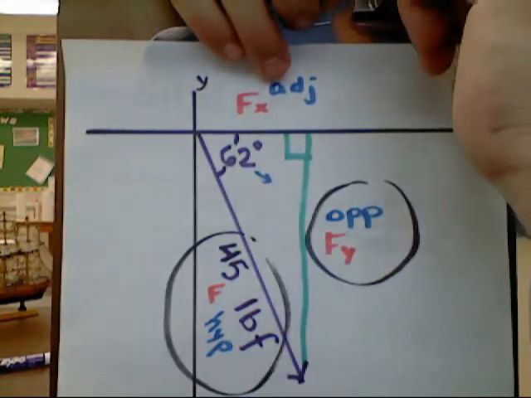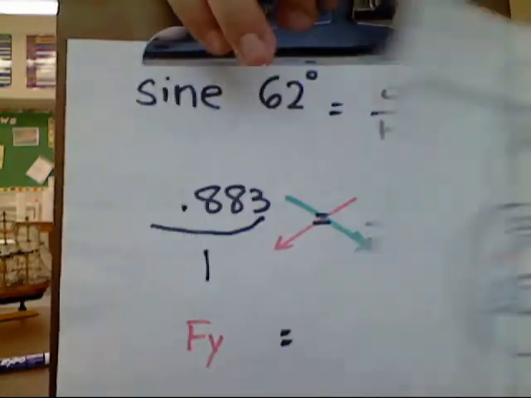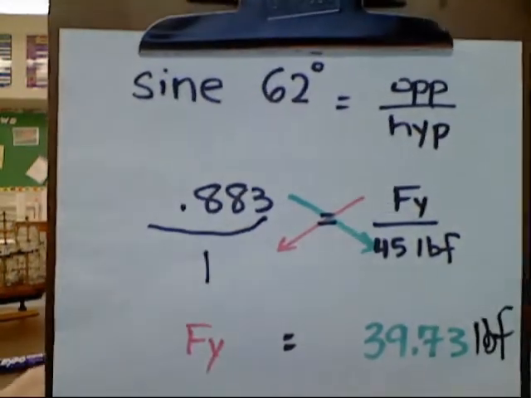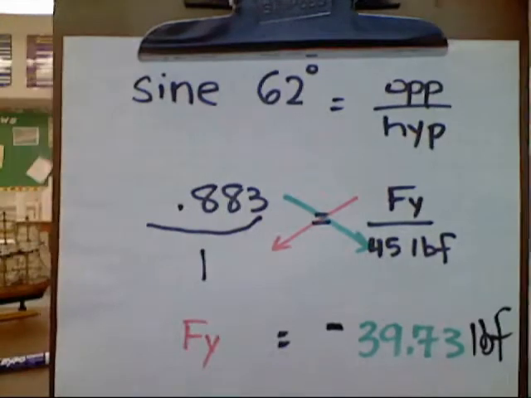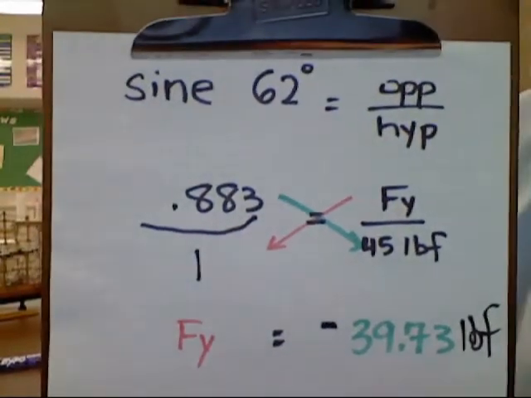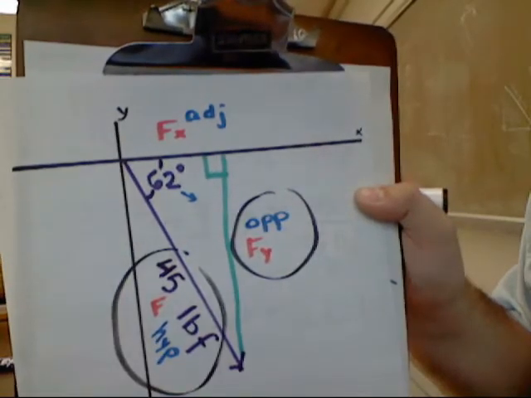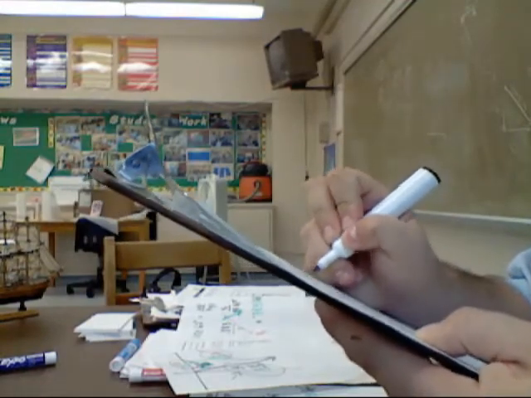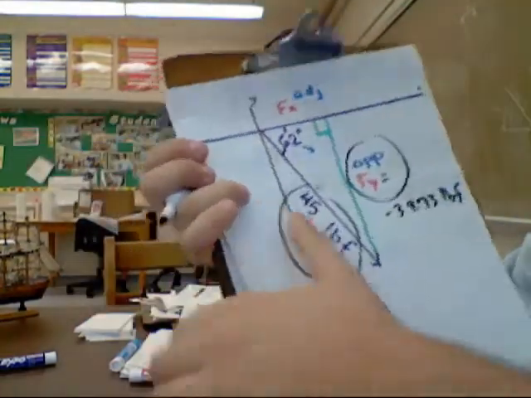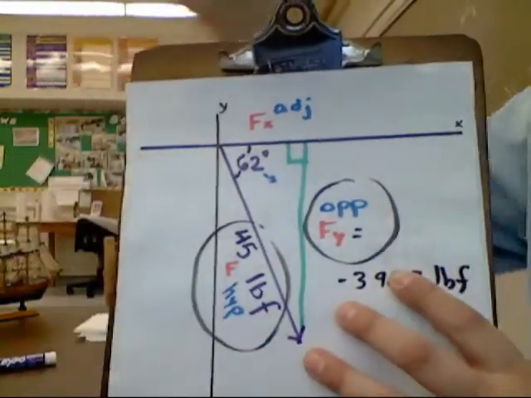If it were up, it would be up here. Downwards is a negative direction for Fy, so I do need a negative sign in front of that 39.73 pounds force. And there we go. I'm going to go ahead and write in negative 39.73 next to Fy. Okay, there it is in the triangle, negative 39.73 pounds force. And now we're done with Fy.